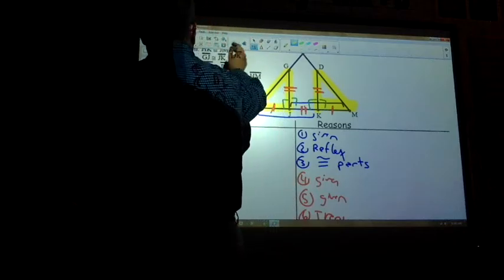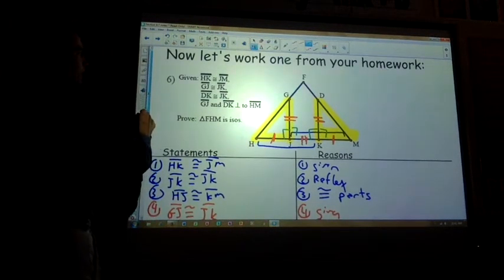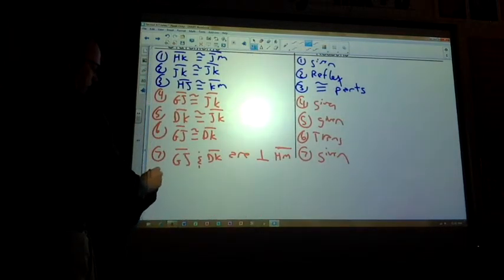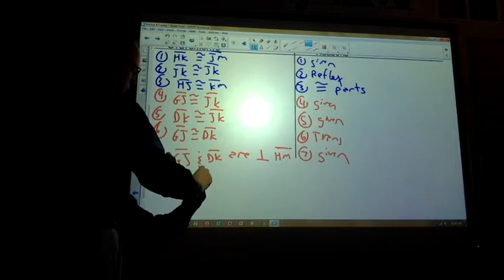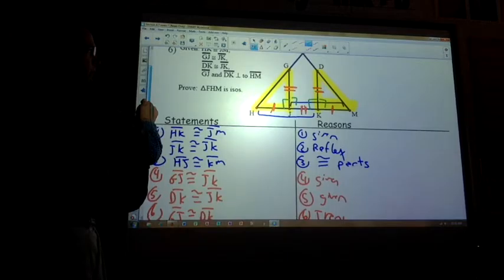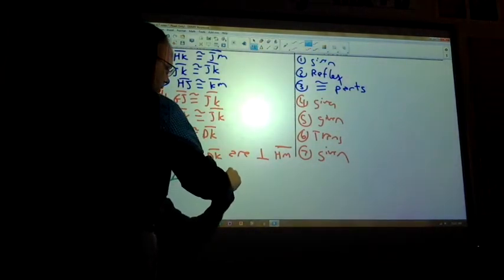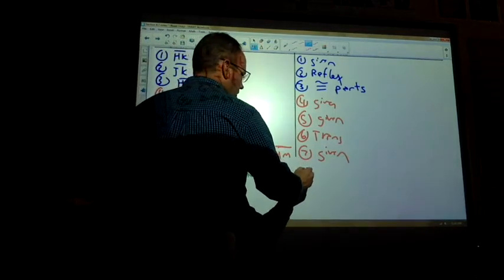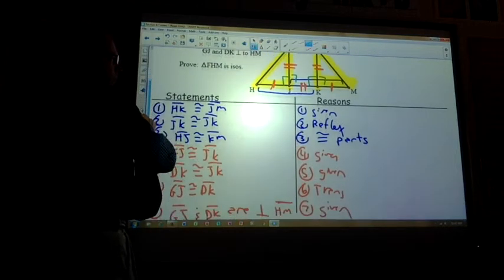All right. New crayon. So that's HGJ and MDK. There you go. Because you told me what? Side angle side. Okay.